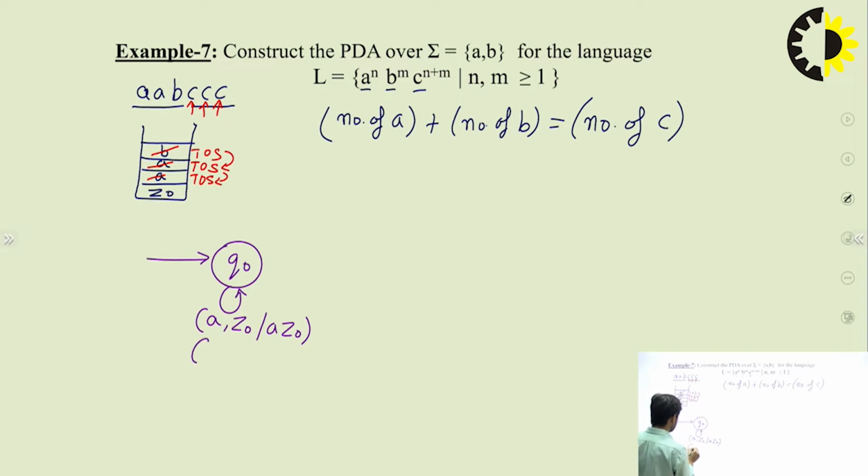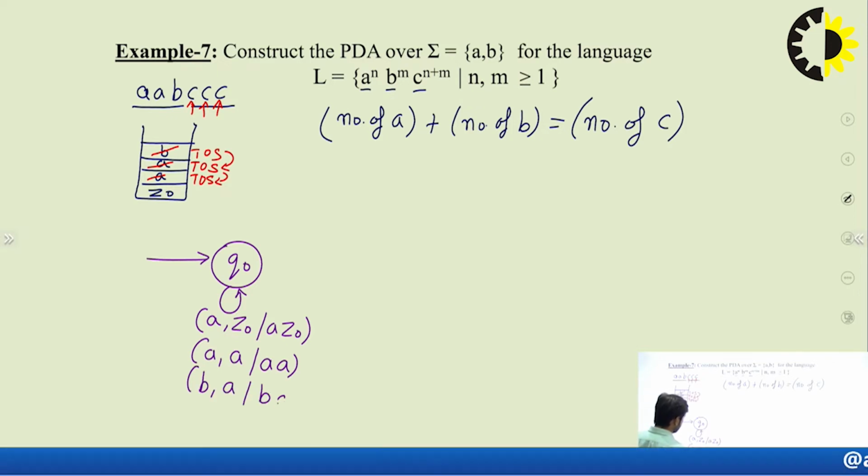When input is A, top of the stack is A, we push A. When input is B, top of the stack is A, we push B A. When input is B, top of the stack is B, we push B. Now all A and B will be pushed.